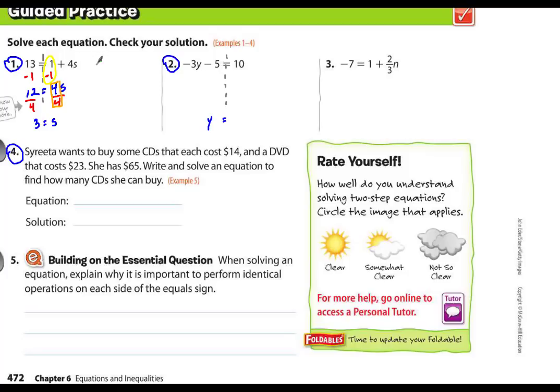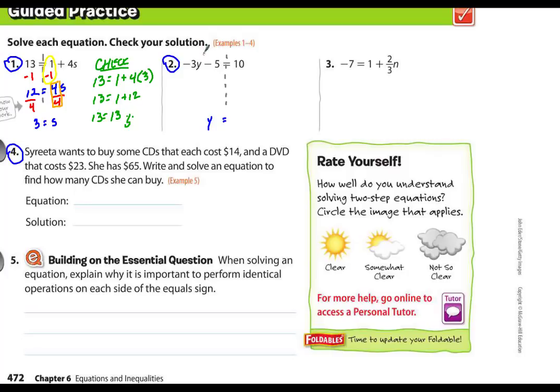And then I check that work. Does 13 equal 1 plus 4 times 3? So does 13 equal 1 plus 12? Notice now I'm doing order of operations. And yes, 13 equals 13. I like that answer.